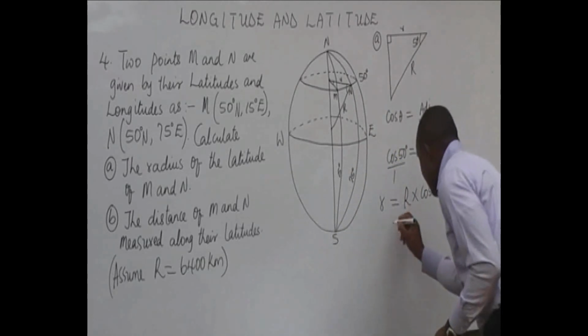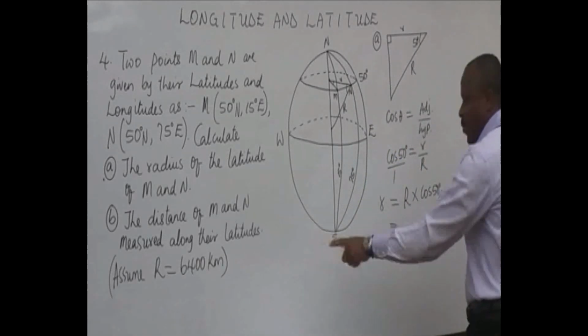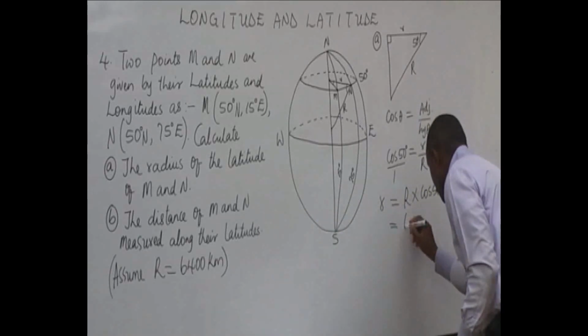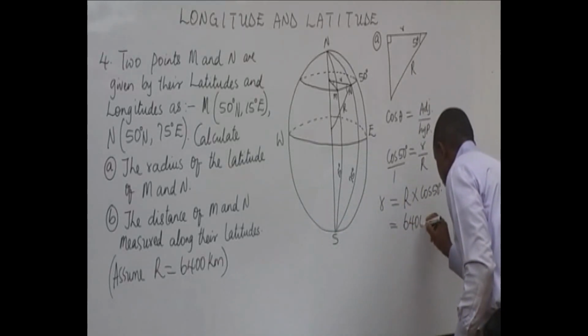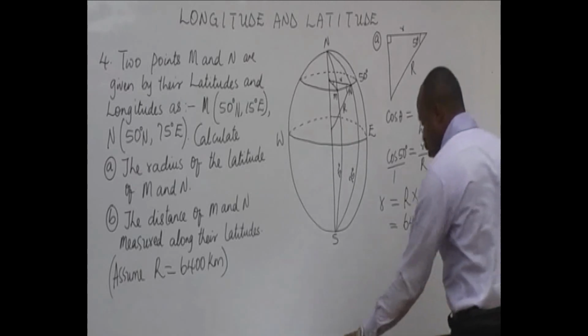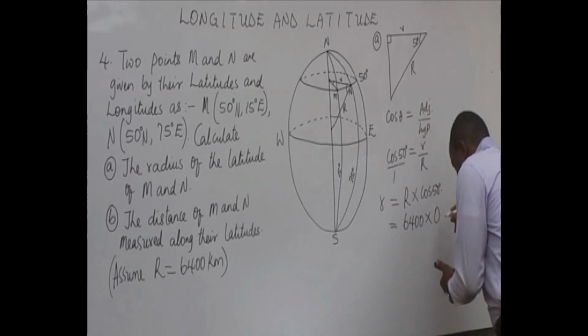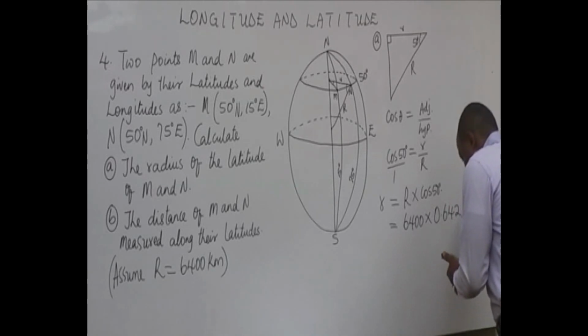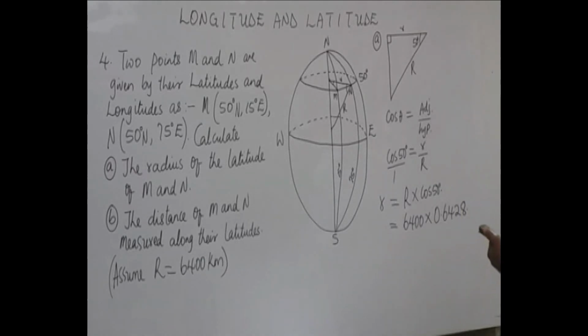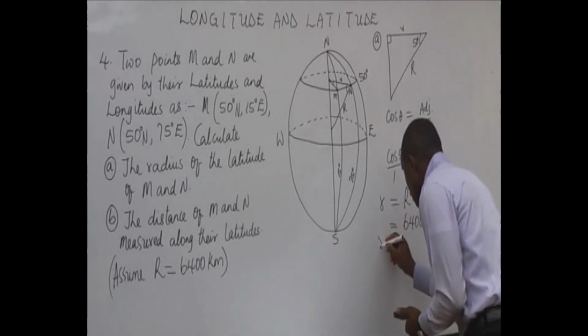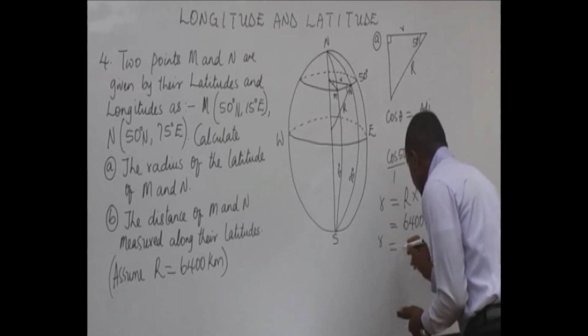Now, our small r is going to be big R, which is 6,400 times cosine 50, giving us 0.6428 in 4 decimal places. So if you multiply out, you find the value of your r.